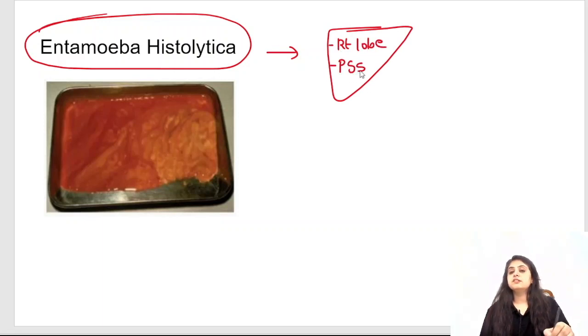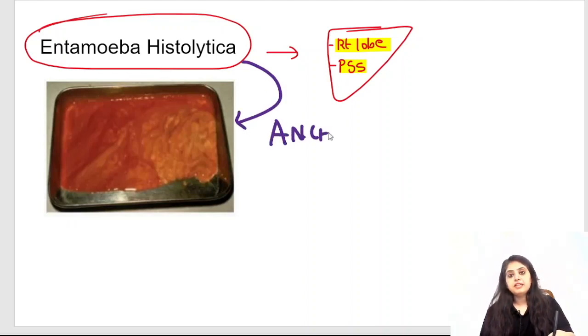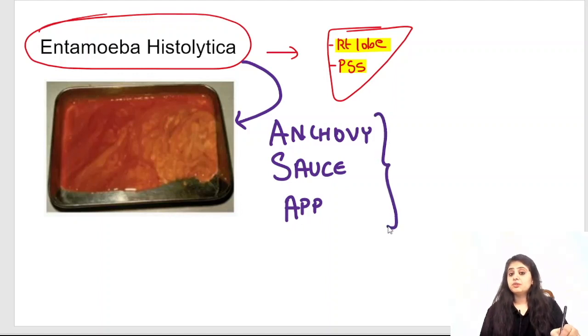Posterior superior surface. And look at this, what is the color of the liver going to become? It's a very famous appearance known as the anchovy sauce appearance, this brownish color that has come out.